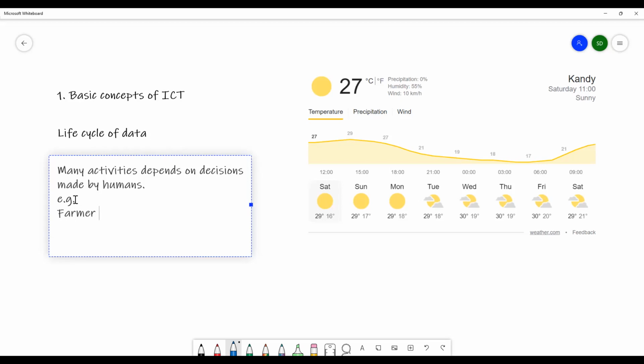should make decisions, various decisions, right? So they have to decide, make decisions on what? The crops.